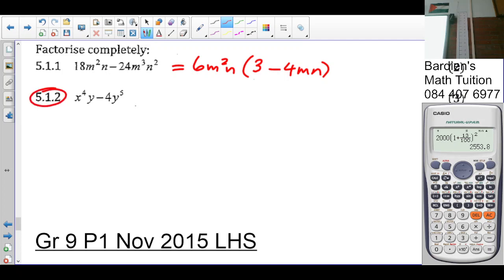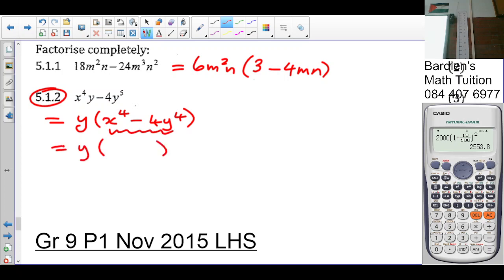Right, 5.1.2. We've got x^4 y minus 4y to the exponent 5. That's going to give you y into x^4 minus 4y^4. So what can happen here? Difference of two squares.